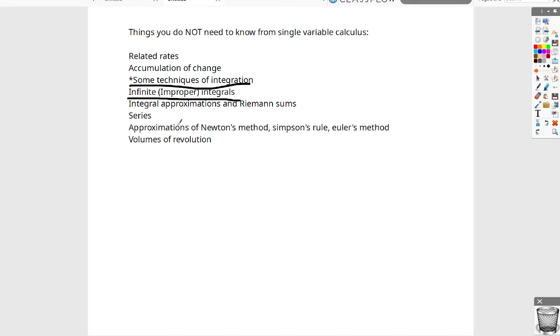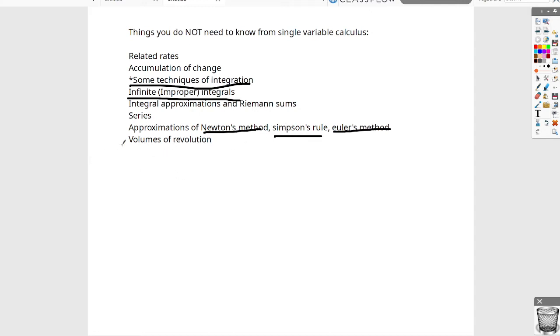You don't need to know certain approximation methods. You do need to know a linear approximation method, and maybe some quadratic approximation method, but you don't need to know all of them. You don't need to know Newton's method, or Euler's method, or Simpson's rule, which is, I guess, another integral approximation method.